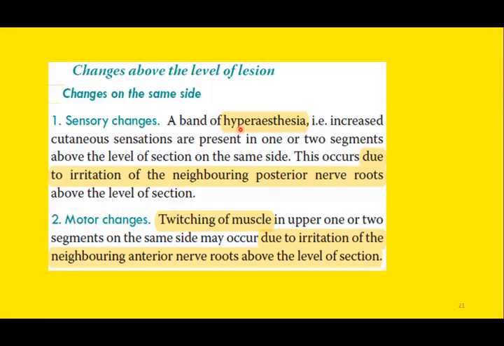So to conclude, Brown Sequard syndrome is hemisection of the spinal cord. Whenever there is a lesion on one side of the spinal cord, whether left or right, this will lead to a set of sensory and motor changes on the same side and on the contralateral side at the level of lesion and below the level of lesion.